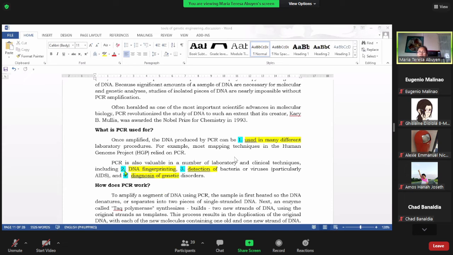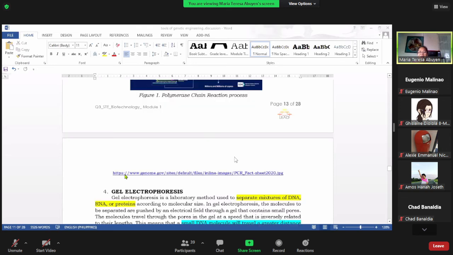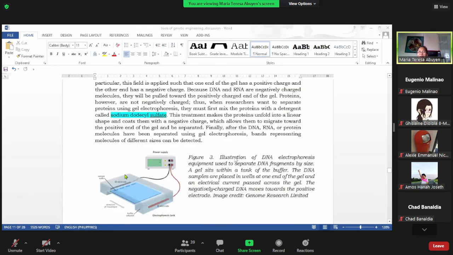They use gel electrophoresis for separating fragments. They use the prokaryotic host and the eukaryotic hosts to modify and improve certain cells or organisms.